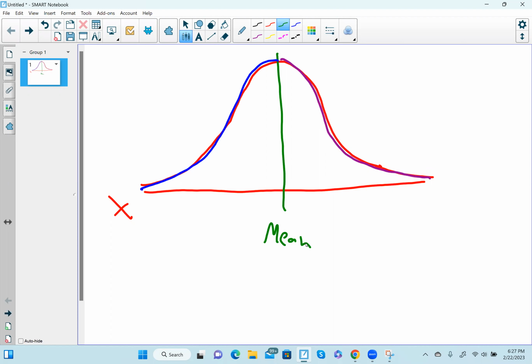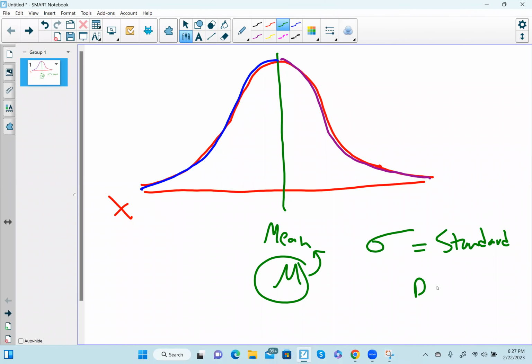And then a couple other things that matter when you identify a normal distribution, you would have mu, which is the mean. This fancy symbol here stands for mu. And then this other symbol looks like a sideways 6. That stands for something called the standard deviation. And they measure different things. So we talked about standard deviation. I had given you a video to watch after the first week of class.